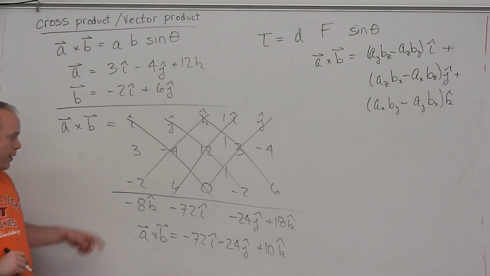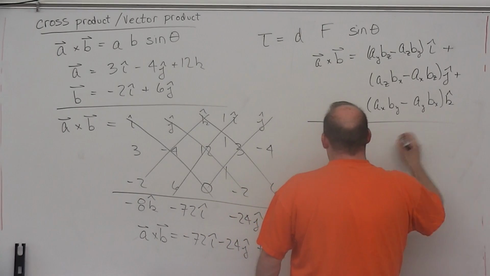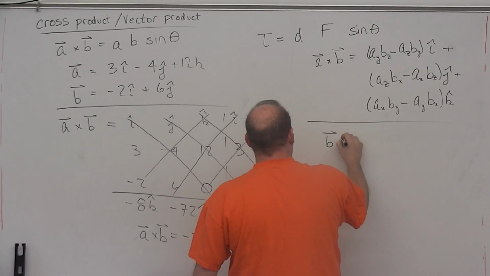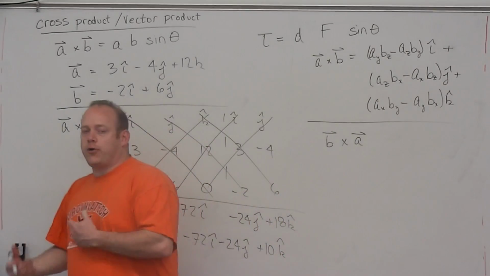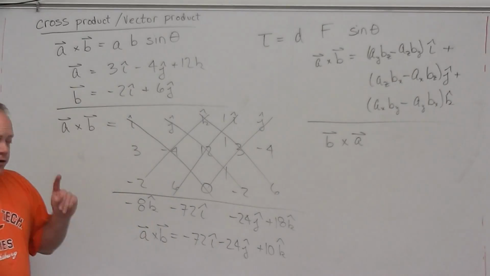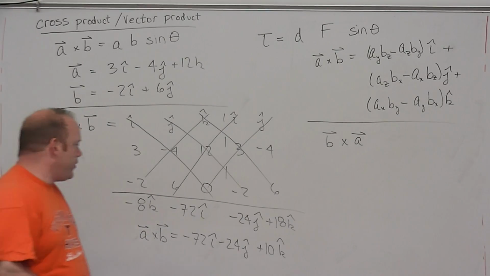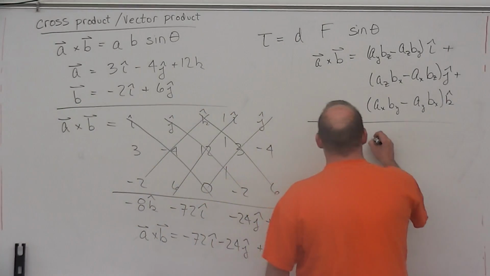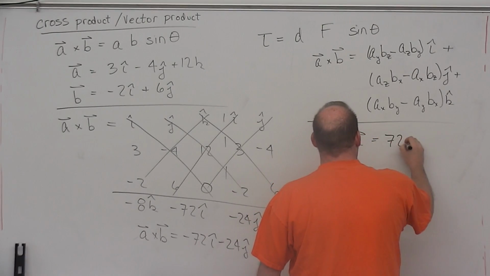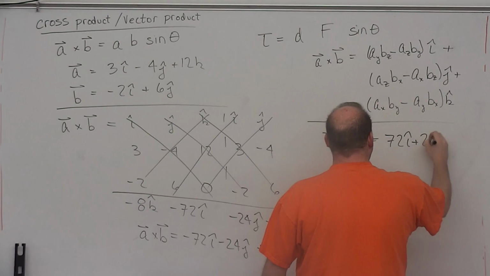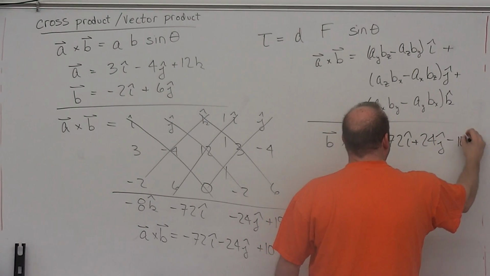Now, what I want you to do for me, I want you to do by yourself B cross A. How does A cross B compare to B cross A? I want you to do that right now. Hit pause. Okay, when you do that, you should find that B cross A is equal to 72 I hat plus 24 j hat minus 10 k hat.